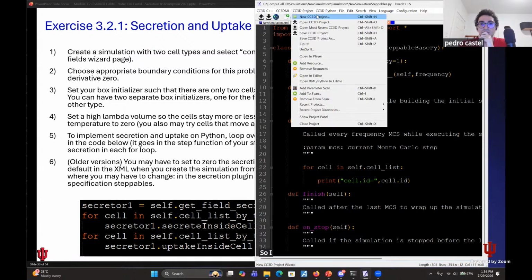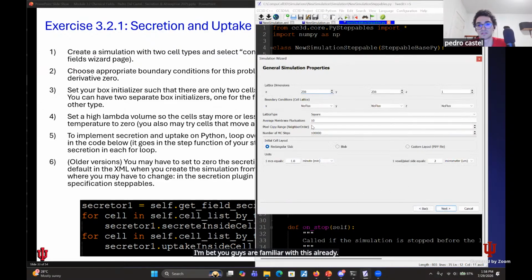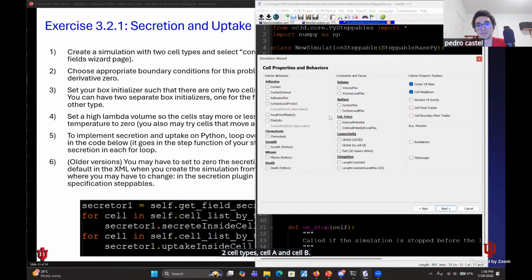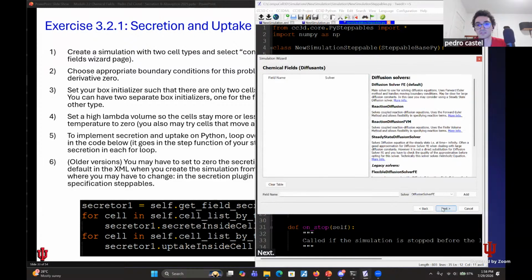I'm going to build a simulation right now: CC3D project, new CC3D project. I bet you are familiar with this already. I'm going to define two cell types, cell A and cell B. I can freeze them, just easy. Next. Next.